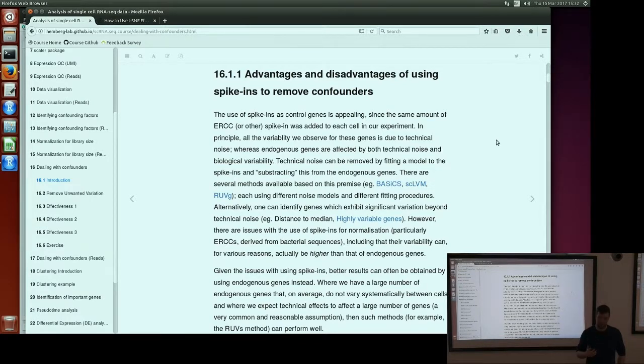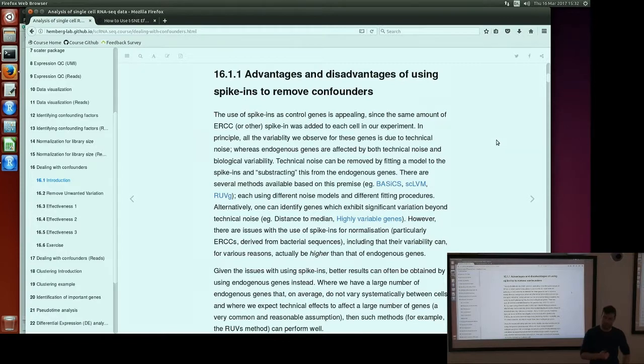One of them is a tool called BASiCS, which fits quite a complicated hierarchical Bayesian model that incorporates information about spike-in or control genes in order to define the technical variability per cell, and then uses that in a model that can also be applied to the expression levels of endogenous genes.